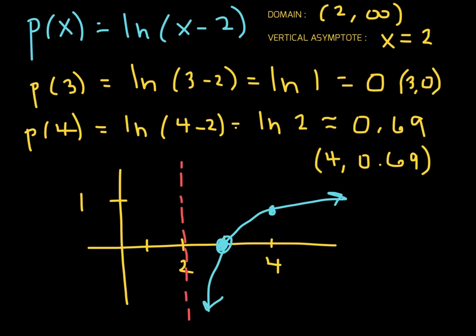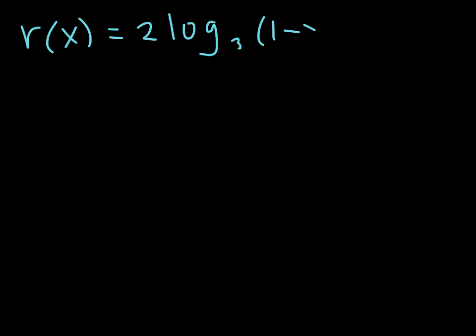Okay, I'm going to show you our very last problem, all right? Our very last function that we're going to graph is r of x, which is equal to 2 times log base 3 of 1 minus x, and then minus 4.